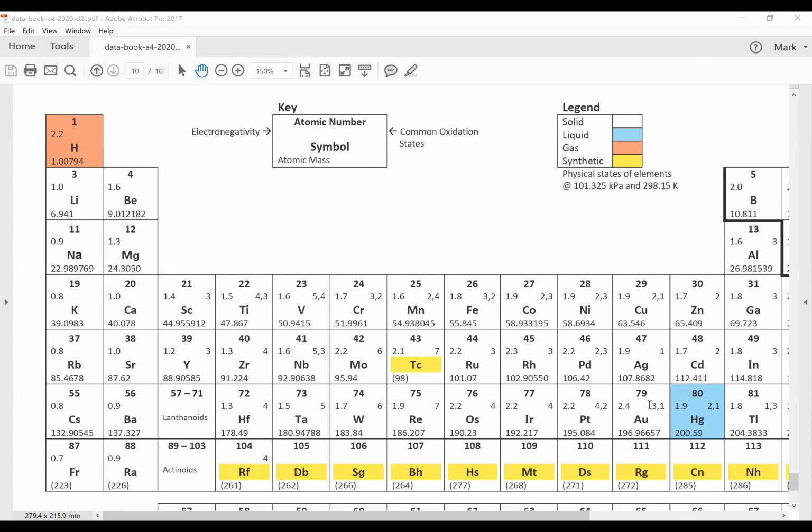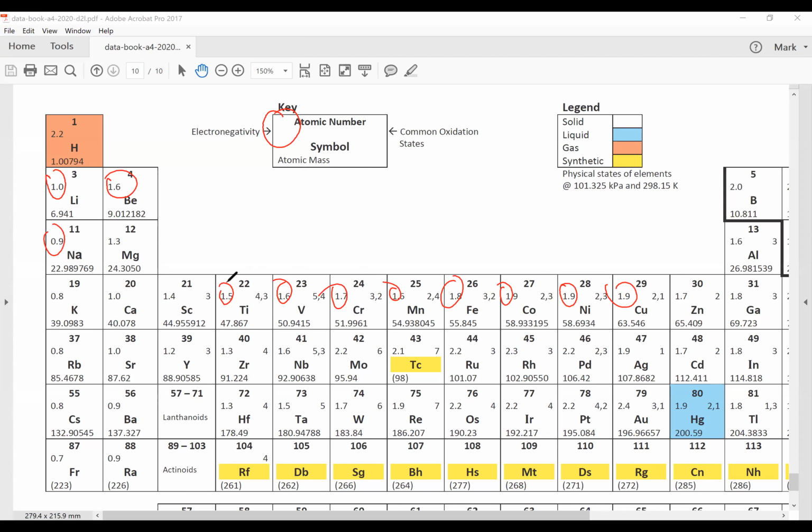So your electronegativity numbers are here, and they're given to you on the periodic table. I'm just circling some of them for an example. These numbers are given to you.